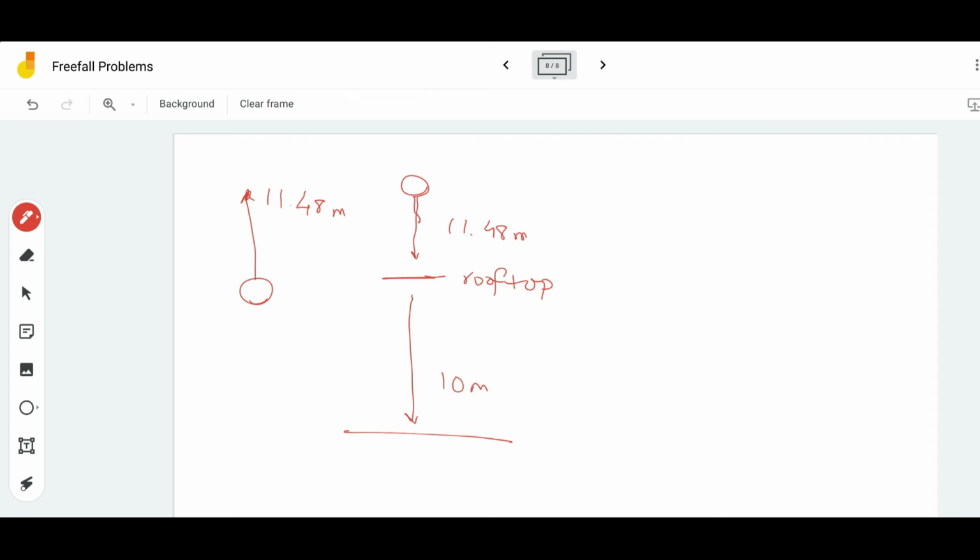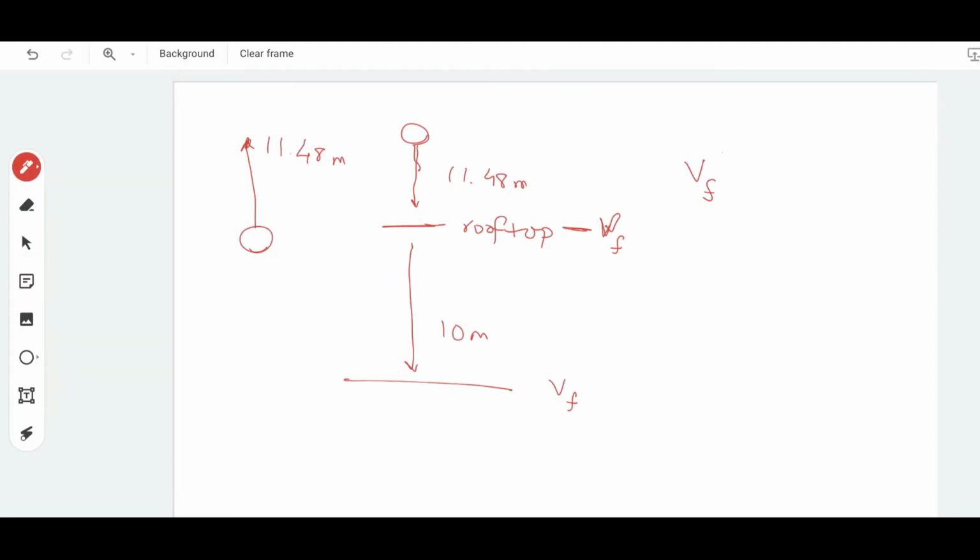What we need to know is what VF is going to be at this location for part one, and what VF is going to be when it reaches the 10-meter mark. So what you can do is, again, use the third equation of motion, that VF squared is equal to VI squared plus 2a delta x.